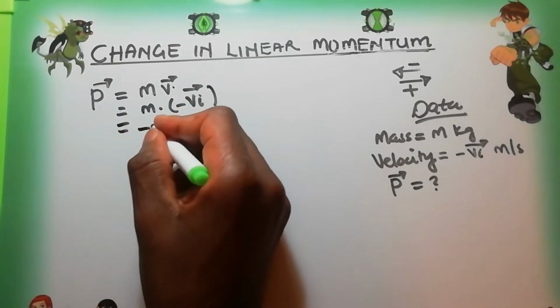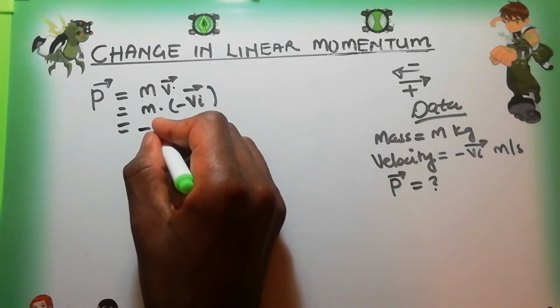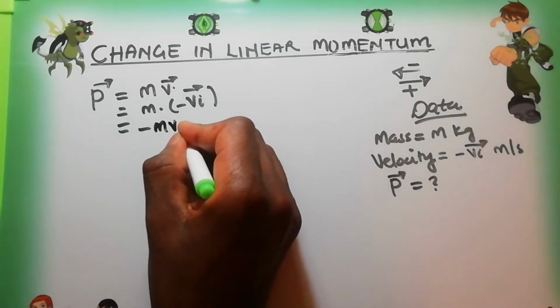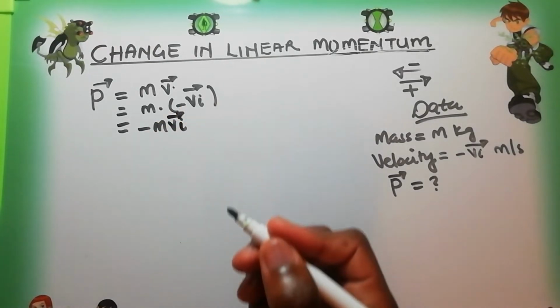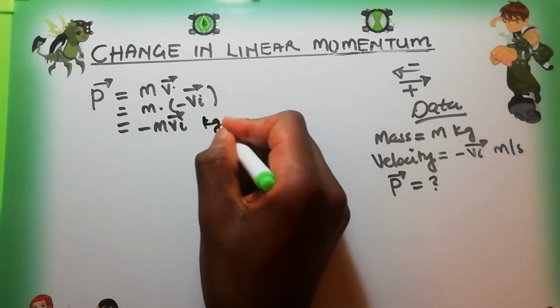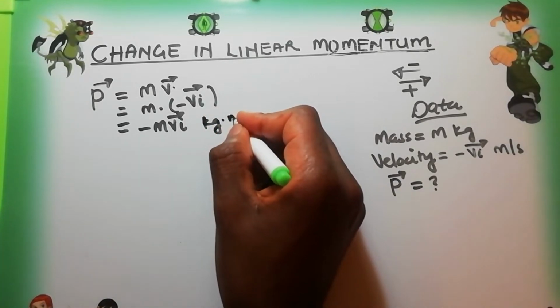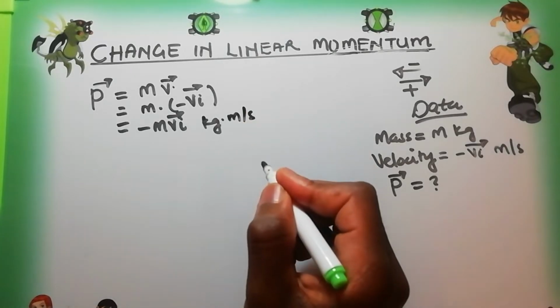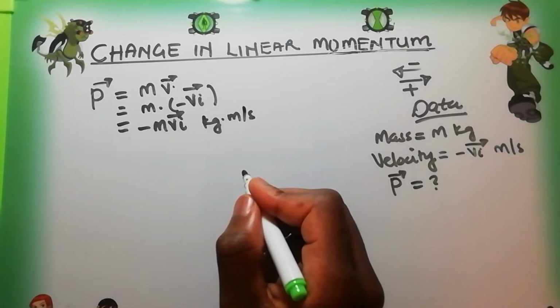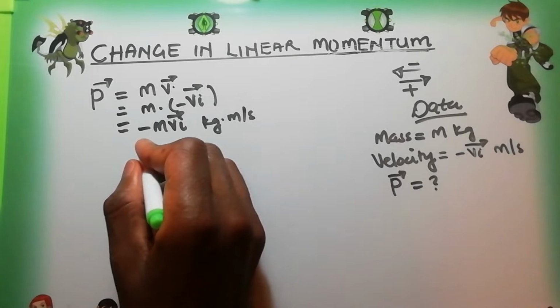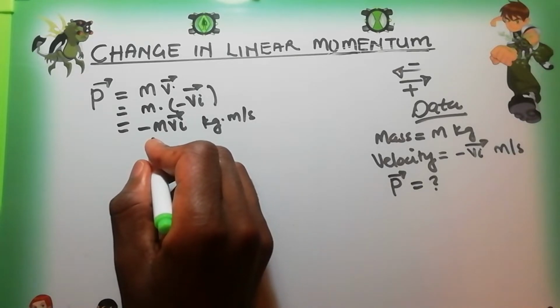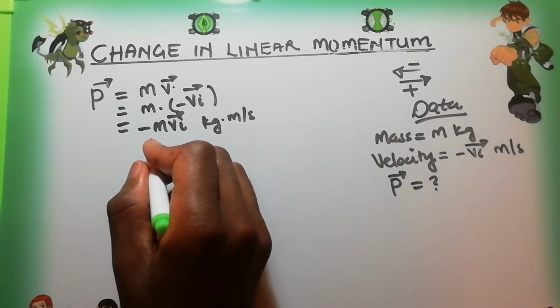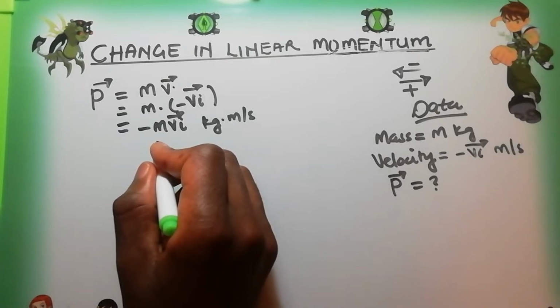So our momentum is going to be minus mvi kilograms meters per second. So now if you check here, our momentum is negative because momentum is a vector quantity. It has both magnitude and direction. So this indicates that the momentum of the truck is mvi to the left.